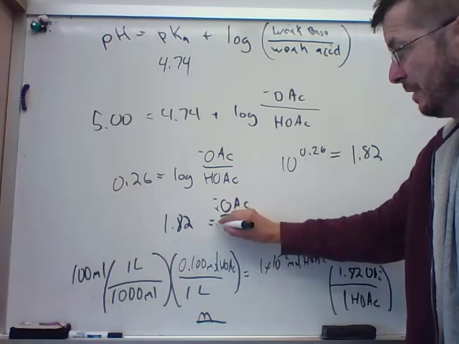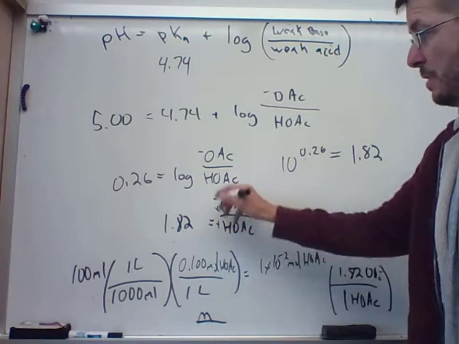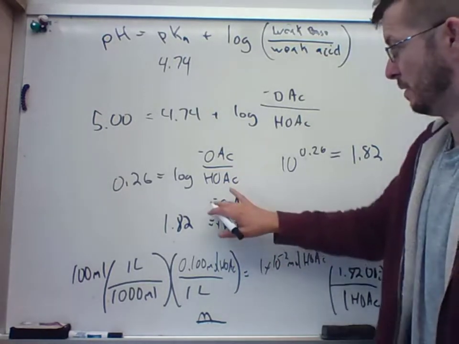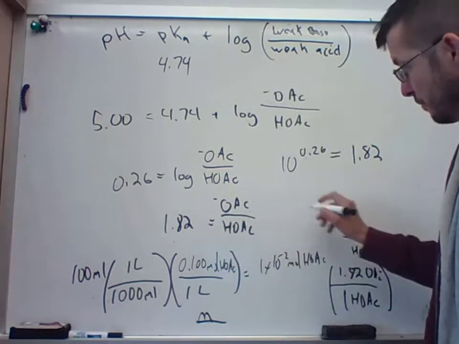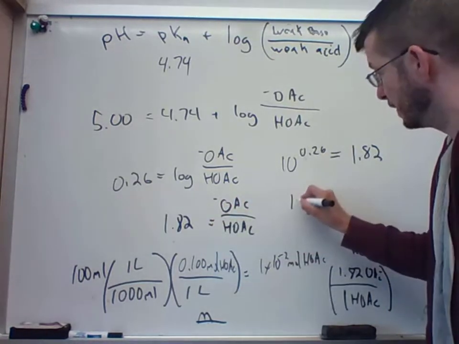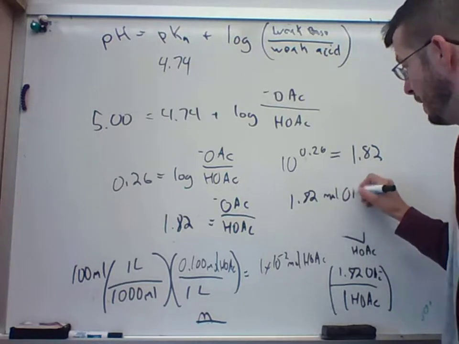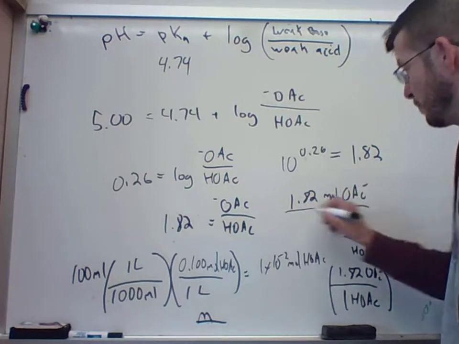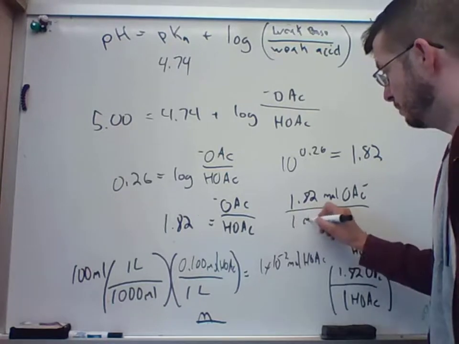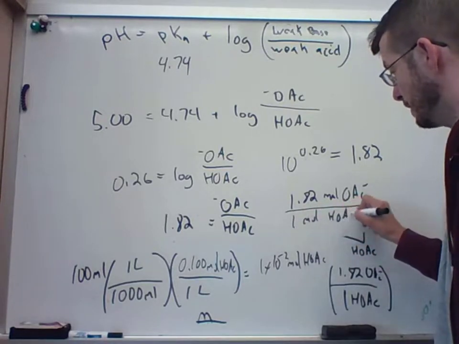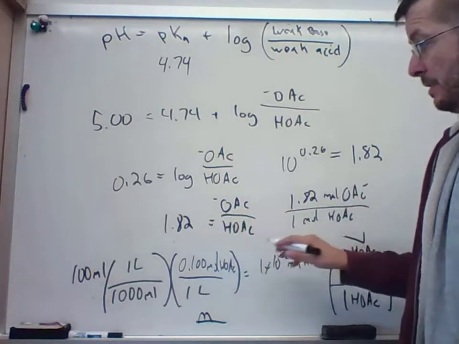This is an X and a Y. There's no units here. So this number is really 1.82 moles of OAc minus over 1 mole of HOAc. That's what that ratio says.